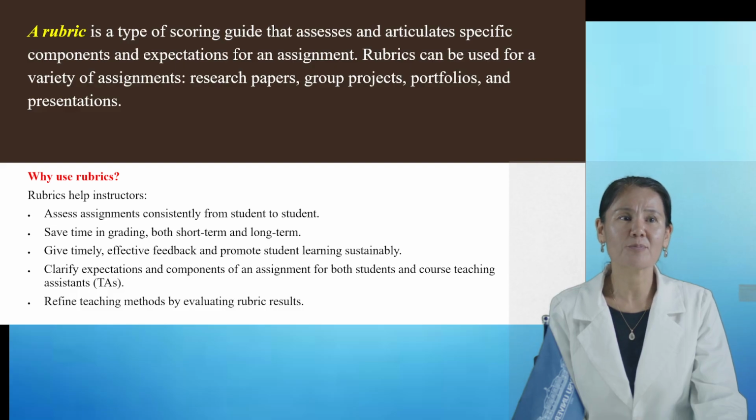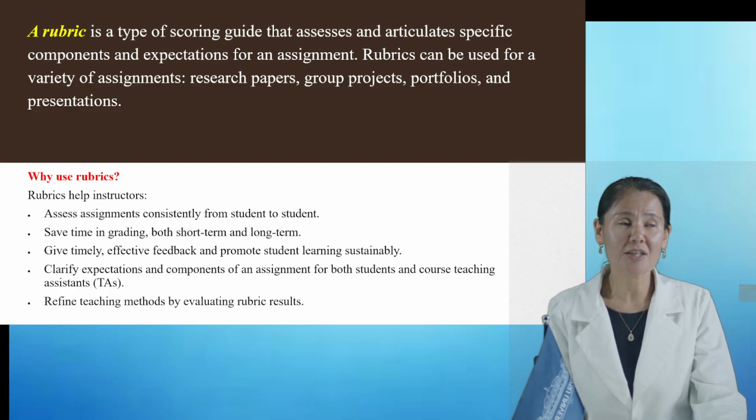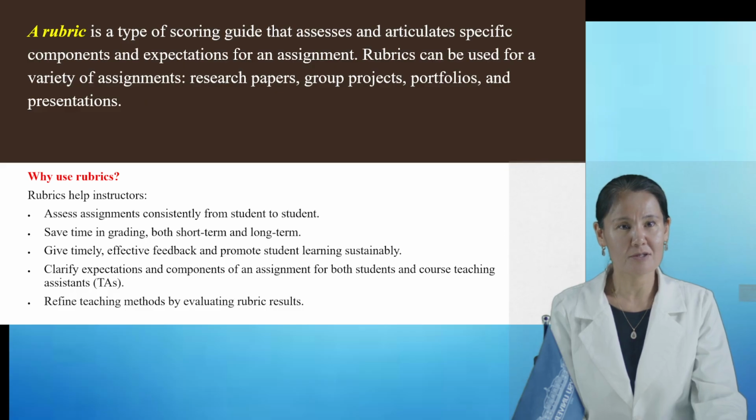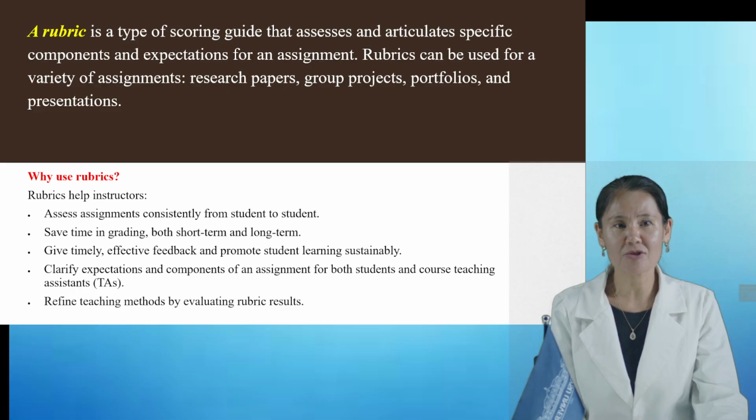So what is a rubric? A rubric is a type of scoring guide that assesses and articulates specific components and the expectations for an assignment. Rubrics can be used for a variety of assignments, research papers, group projects, portfolios, and presentations. Why do we use rubrics? It helps the instructor assess assignments consistently from student to student.